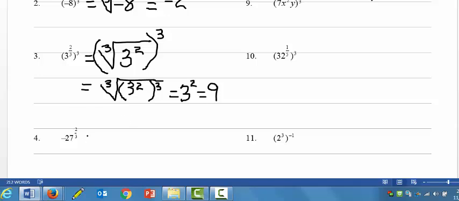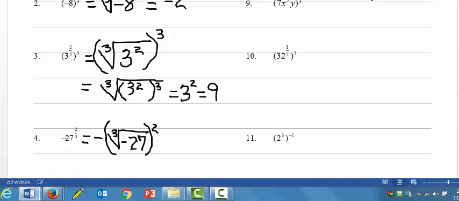Negative 27 to the 2/3, the way this is written, the negative is not raised to the 2/3 power, only the 27. So this is a negative 1 times the cube root of 27, and that radical gets squared.